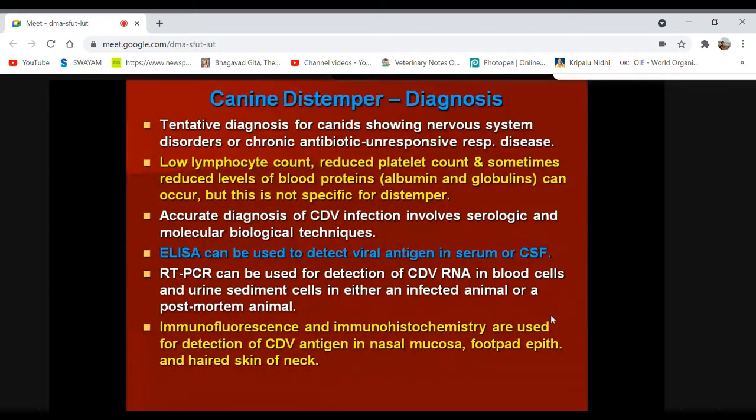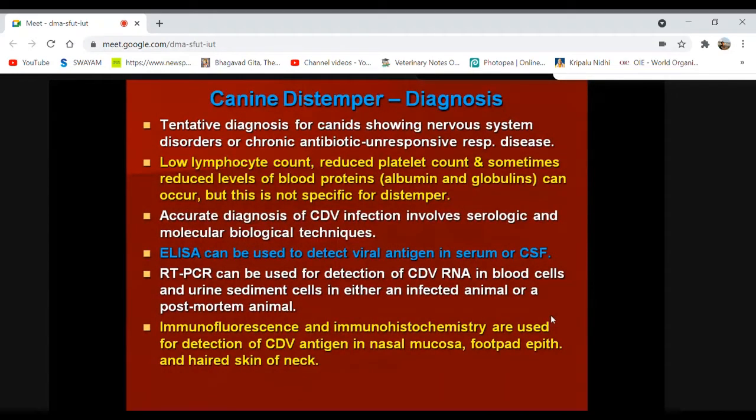If you examine the blood sample, you will find a low lymphocyte count, reduction in the platelet count, and reduction in levels of blood proteins, but these are not specific for this disease only. We cannot say that it must be canine distemper, because in many diseases such changes may be there when you examine the blood.